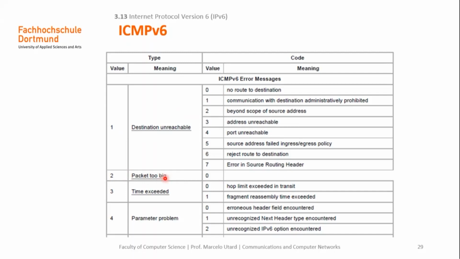In that way, the host discovers the appropriate MTU to use in order to fragment the datagram at the source, and avoid fragmentation in any intermediate router.